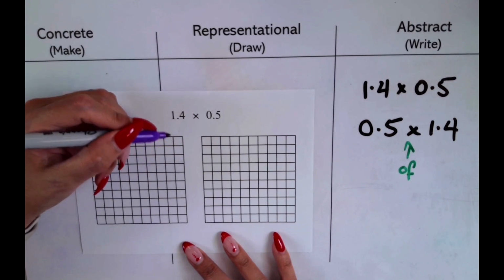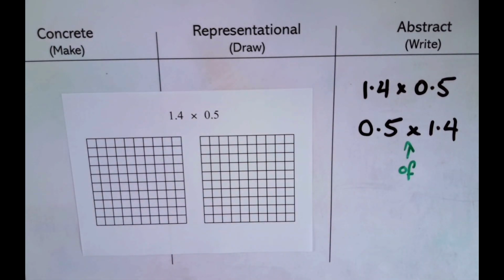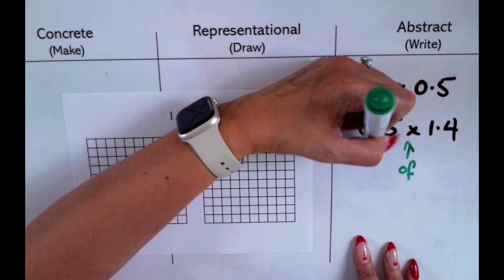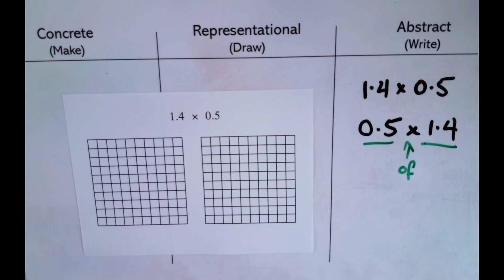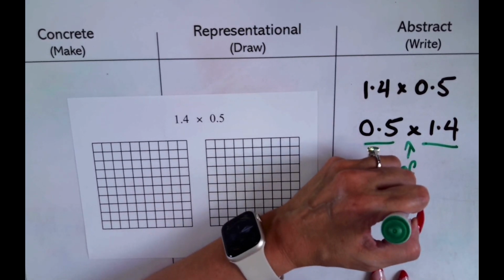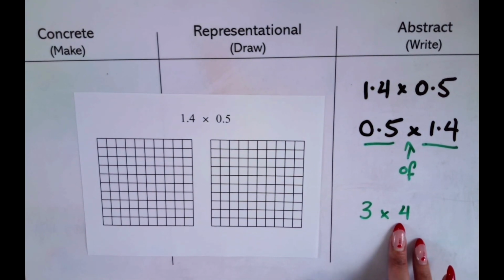So I would start colouring in my 1.4, because remember, I want to take 0.5 of 1.4. So when we are multiplying decimals or fractions or any number, even whole numbers, if I had 3 times 4, I would take 3 groups of 4. All right, so we're starting with that second number in our group.